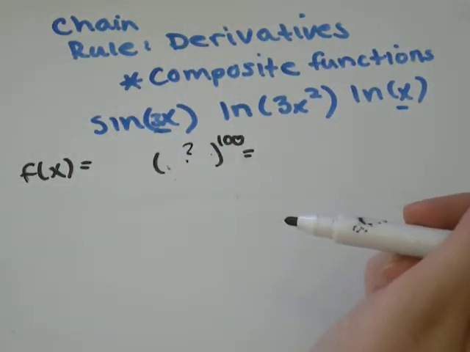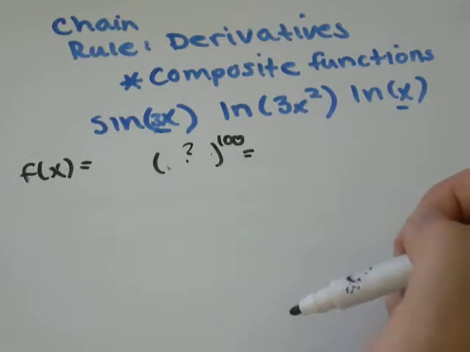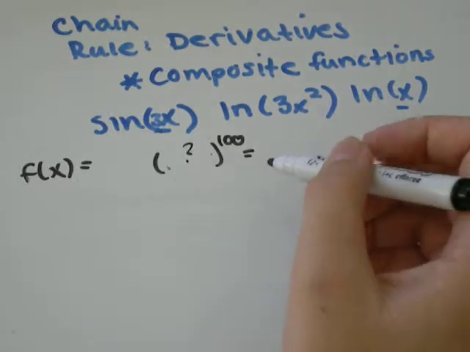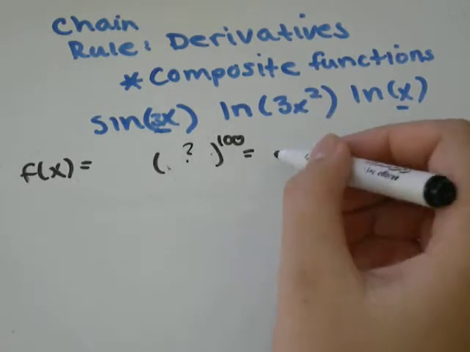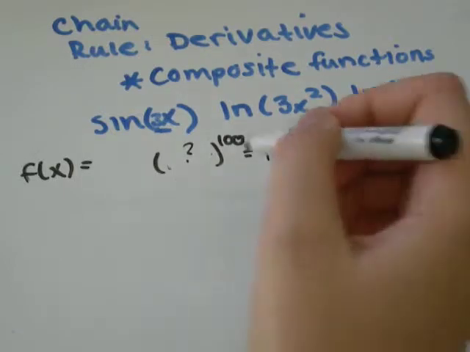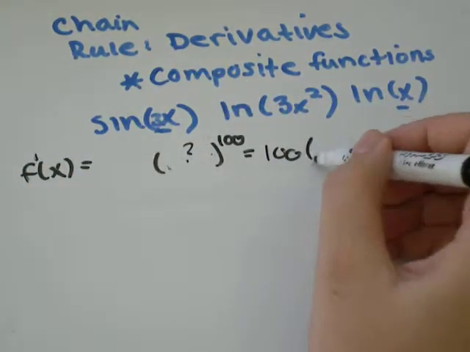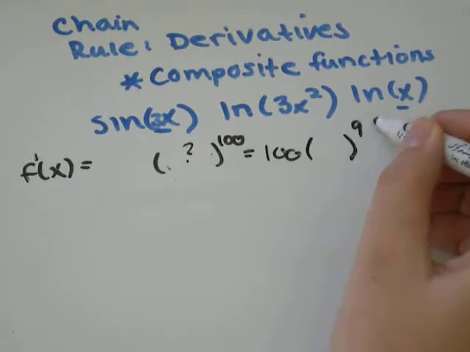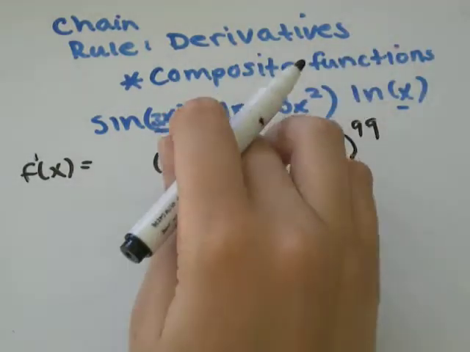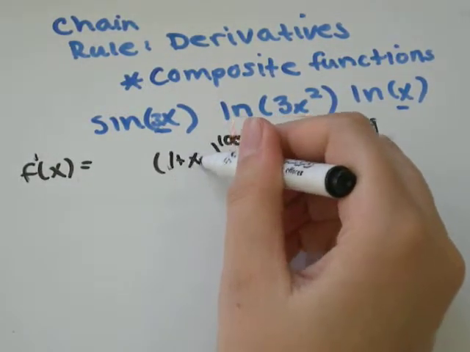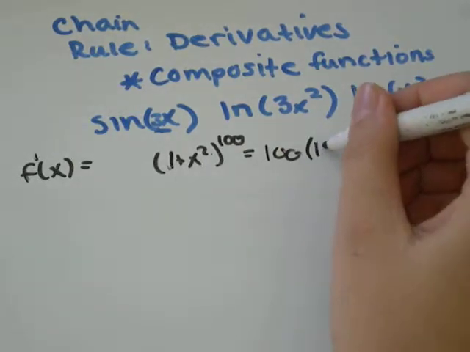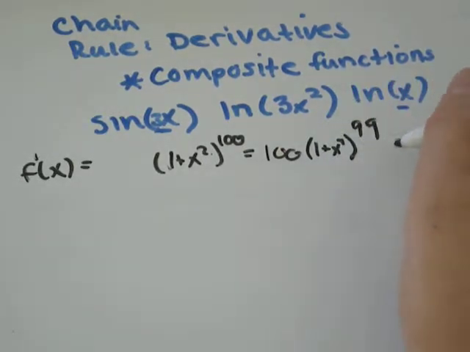We take the derivative without needing to know what it is. And so, to take the derivative, that would be 100 times whatever's in the brackets to the power of 99. So what was in the brackets was 1 plus x squared, so we'll just fill that in, and then we need to multiply by the derivative of what was in the brackets, 1 plus x squared.